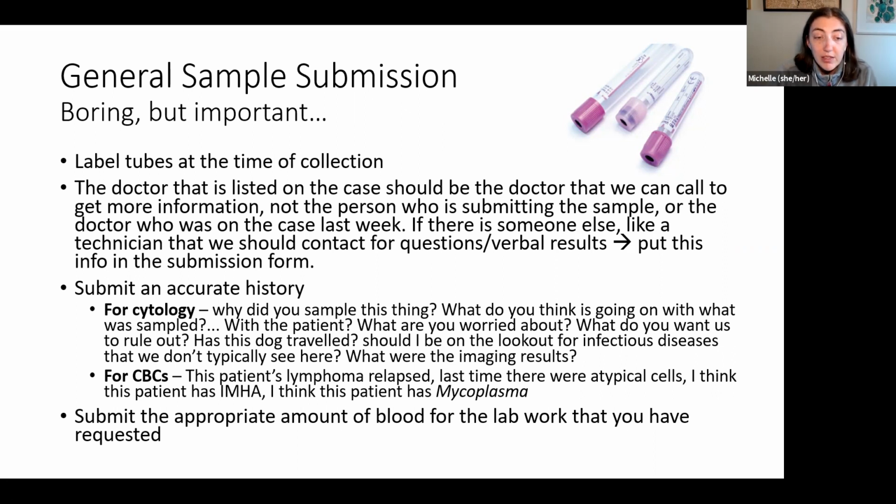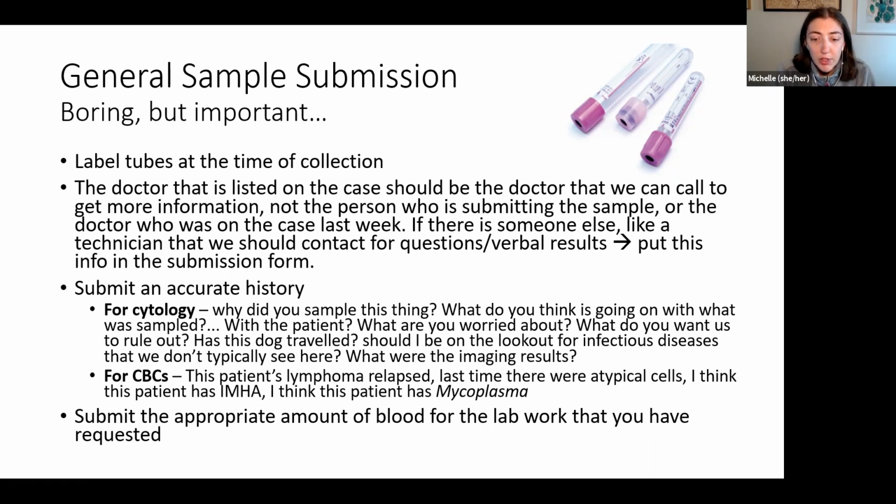For CBCs, a lot of times the history on the CBC never gets changed. That can be confusing for us if we're looking at patients that have lymphoma or a CLL, because we have to pull up previous CBCs to try to figure out what's going on, since it'll just say something like vomiting, but that was actually the reason the patient presented 3 months ago.